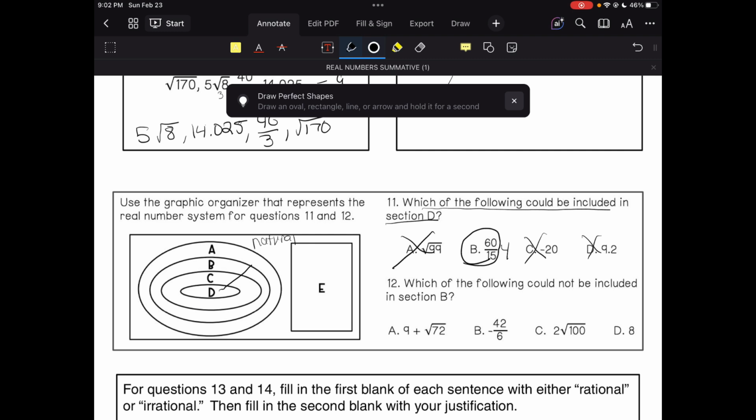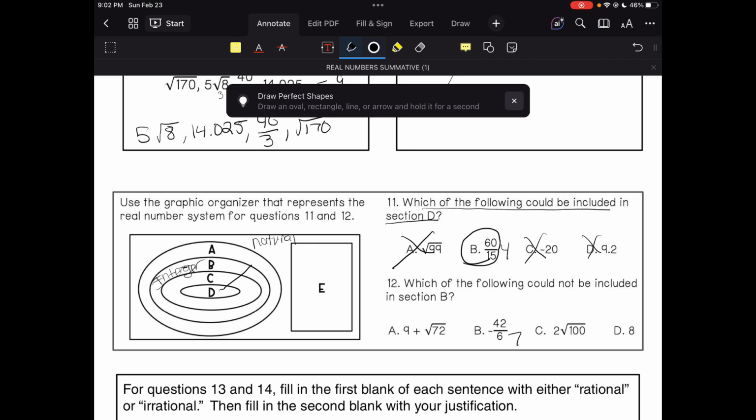Then the next one is which cannot be included in B. B is your integers. So it's all your whole numbers and their opposites or their negative numbers. So negative 42 over 6 would be negative 7. The square root of 72 is definitely irrational because 72 is not a perfect square.